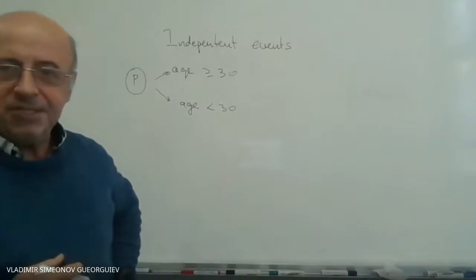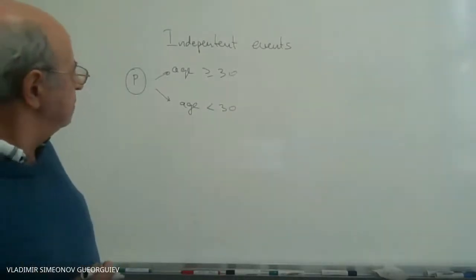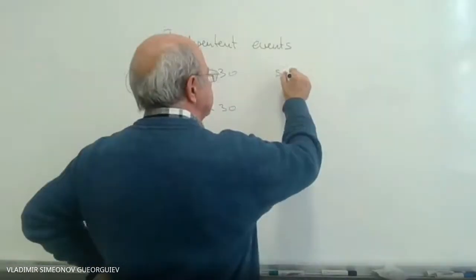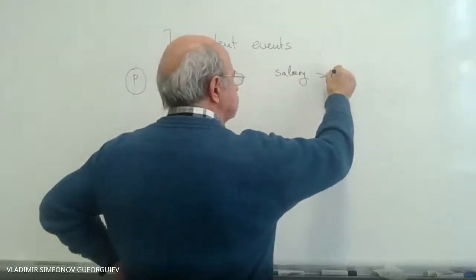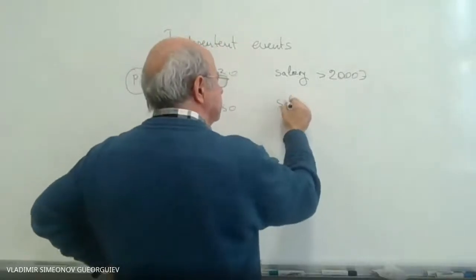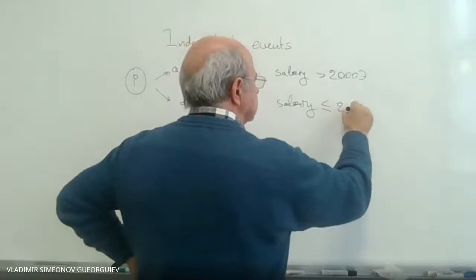Too many diseases. Let us switch. For example, the salary of the guy is bigger than 2,000 euro. Salary is smaller or equal to 2,000 euro.